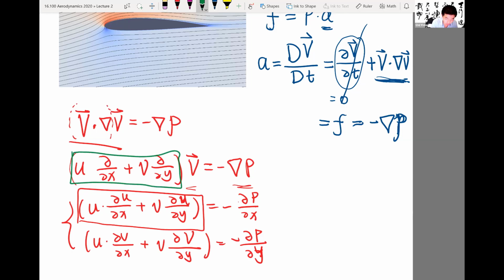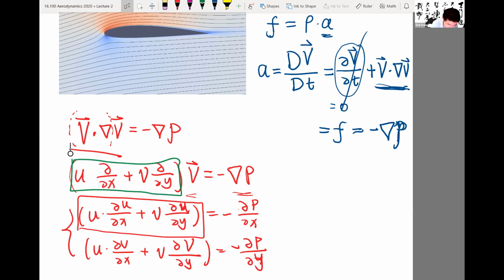This operator is u times d dx plus v times d dy. So if you look at the flow here, where the flow vector is like this, we have two components. We have the u component, we have the v component.